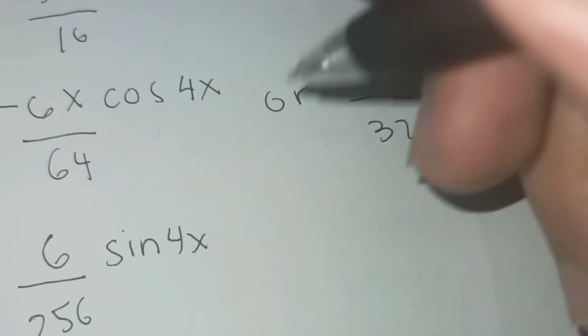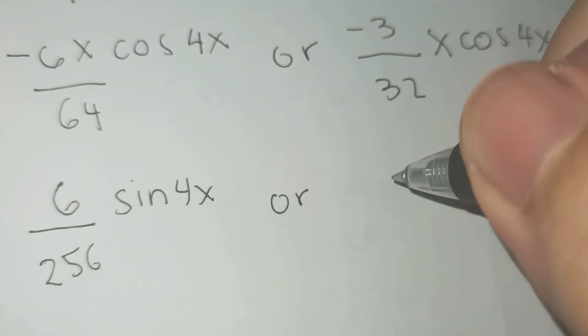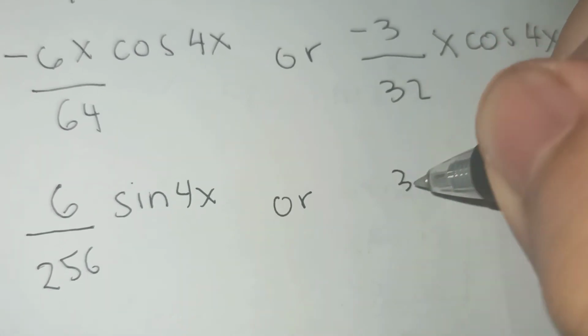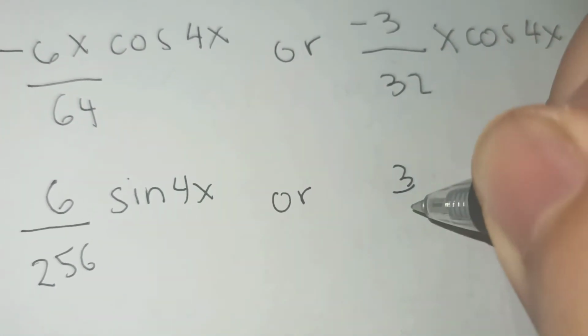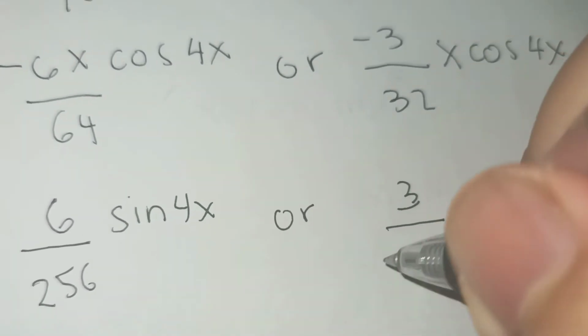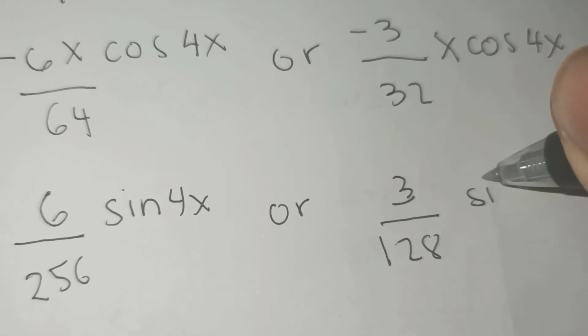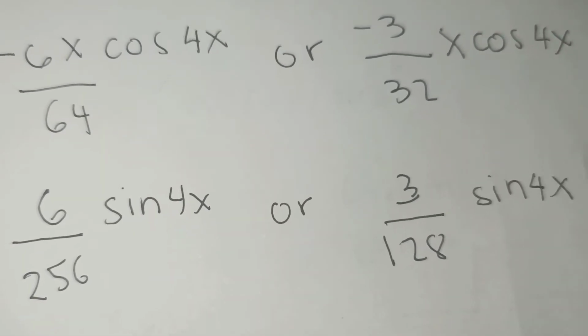And then over here for the 256, you can also divide it by 2 to simplify it, become 3 over, instead of 256, we take the half, which is 128, and then sine 4x.